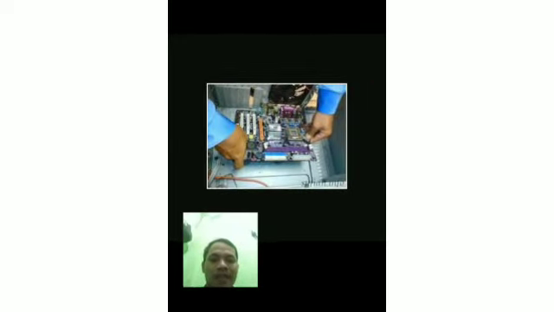5. Installing the mainboard in the casing. The next step is to install the mainboard in the casing. To do this, determine the standoffs or mounting points of the mainboard on the casing.